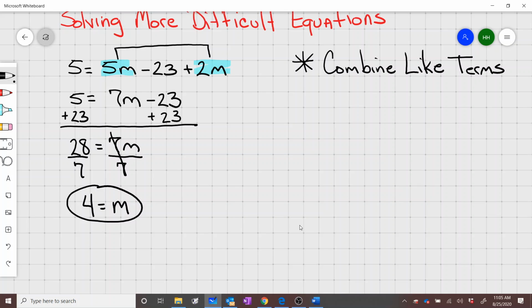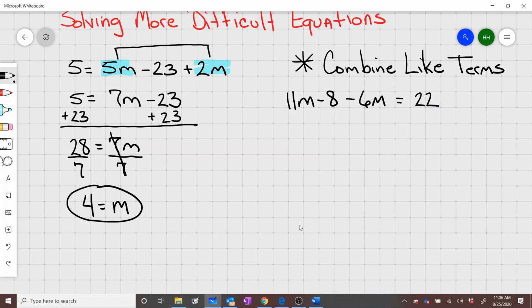So take a look at 11m minus 8 minus 6m is equal to 22. Alright, now your like terms are your 11m and your negative 6m.